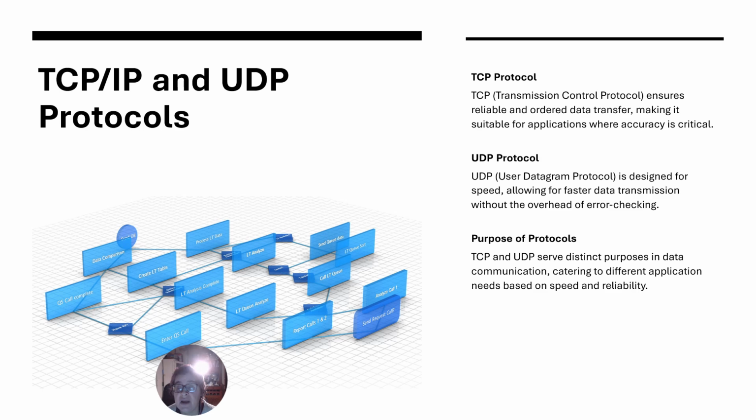So TCP and UDP serve distinct purposes in data communication, catering to different application needs based on speed and reliability. TCP is quite reliable. UDP is faster, but does not have error checking. So maybe video could be UDP, but a file would have to be TCP.